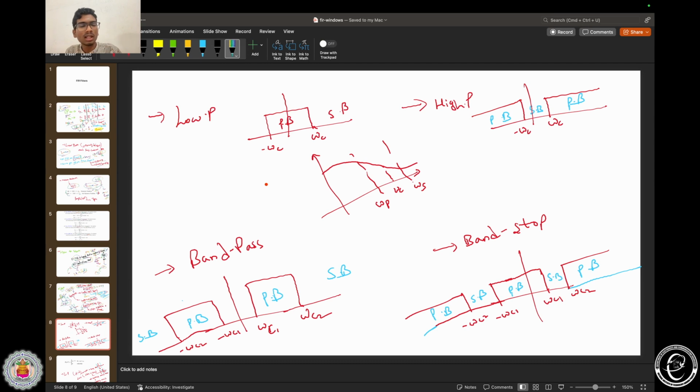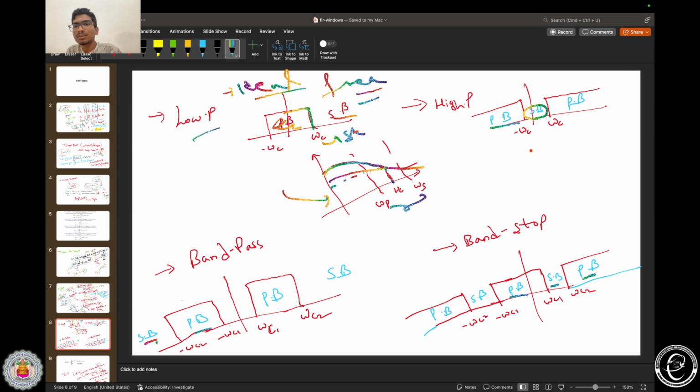Before going into that, let me just give you a brief on low pass, high pass, band pass, and band stop. Consider omega c, which is in between omega p and omega s. In the ideal case of low pass, till omega c it will pass, and after omega c it will strongly attenuate. In high pass, from 0 to omega c it will stop the corresponding frequency components, and after omega c it will pass.